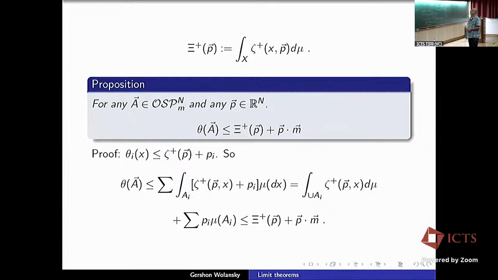And this is smaller or equal to P dot M because the union of A_i is a subset of X, and all the components of zeta plus are non-negative by definition, and M_i is the mass μ of A_i. So we have this inequality.